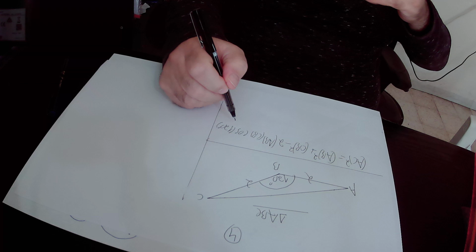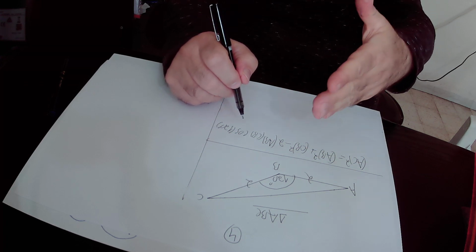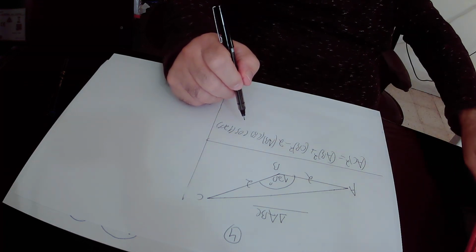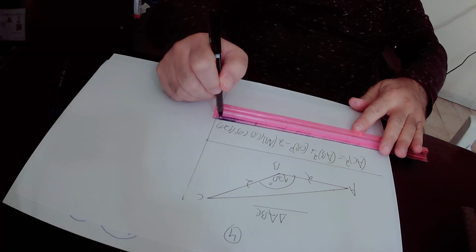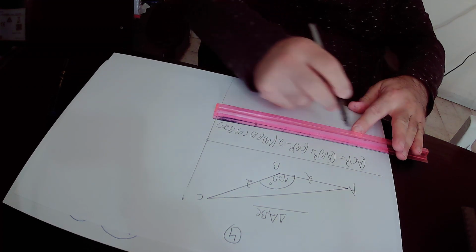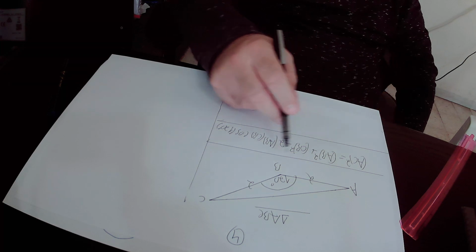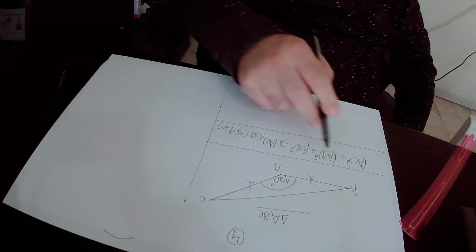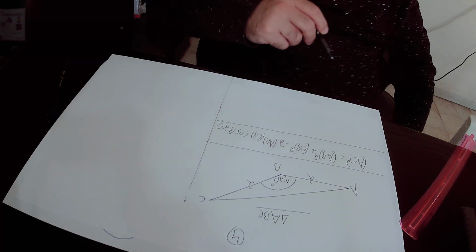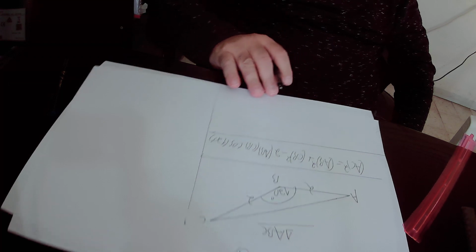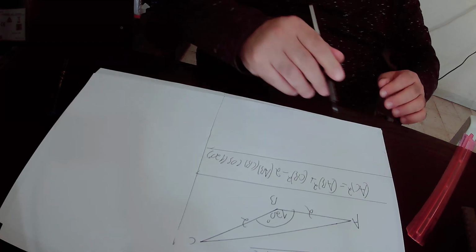This equation is the implementation of the law of cosines in our triangle ABC. Repeat again, AC squared equals AB squared plus BC squared minus 2 times AB times BC times cosine 120 degrees.